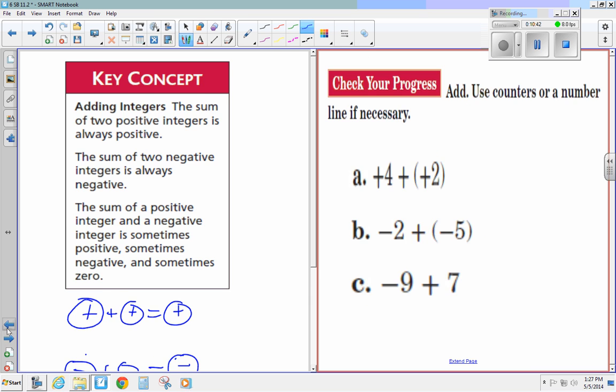All right, so let's take a look at these using counters or a number line if necessary. I'm going to go ahead and use counters. So 4 is plus, plus, plus, plus. Then we're adding to it a plus with a plus, and all together, 1, 2, 3, 4, 5, 6. 6 pluses means the answer is 6.